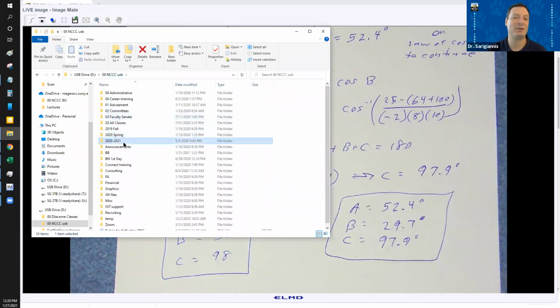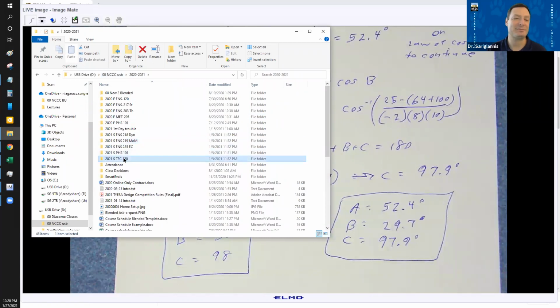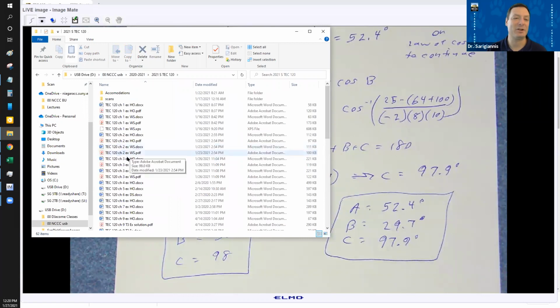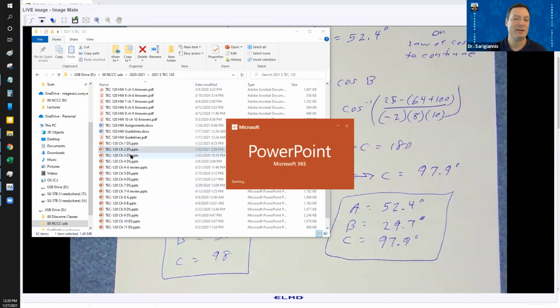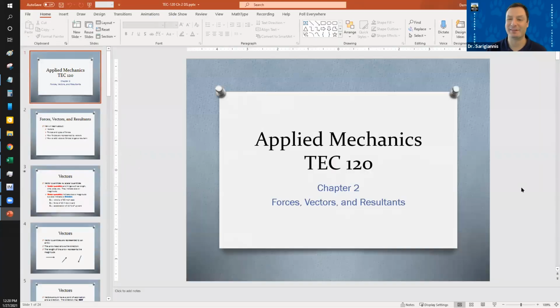Ah, in the wrong year. All right, so I'm going to open up chapter 2. The most time-consuming part is loading and organizing everything in Blackboard. So I still need to get ahead of myself a little bit.